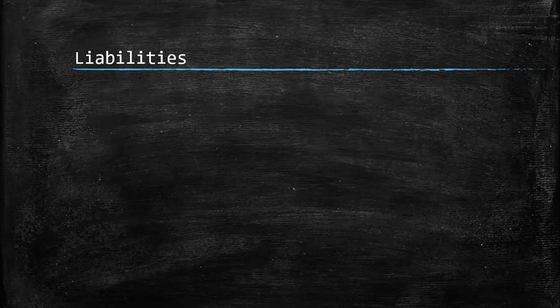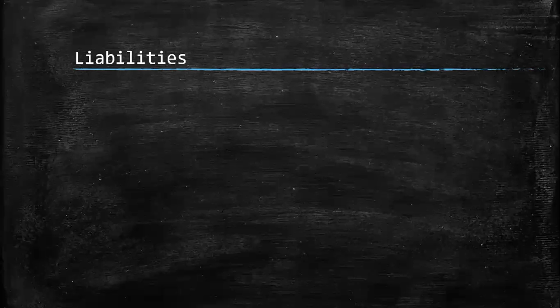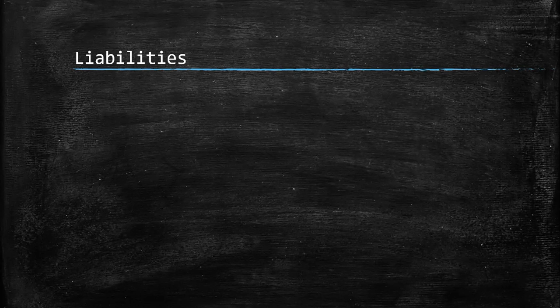Liabilities. The word was derived from a Latin word. It was derived from the word liable. If they say you are liable, you are responsible for paying someone. So liabilities, they represent the present obligations of the business.